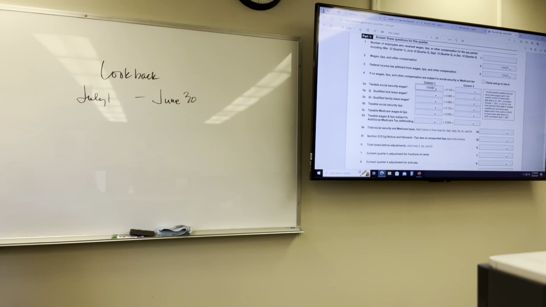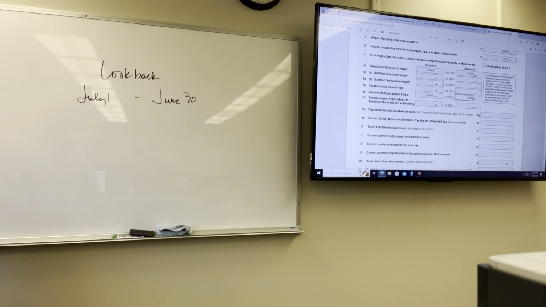We'll say it's still 100,000. This makes it easier. And yes, you would put cents in there, but I'm not going to bother with it. Wages and tips, in this case, it's a simpler calculation. I'm not going to make those any different.